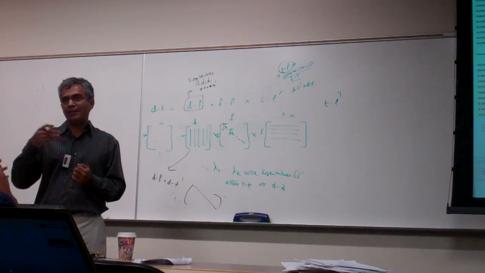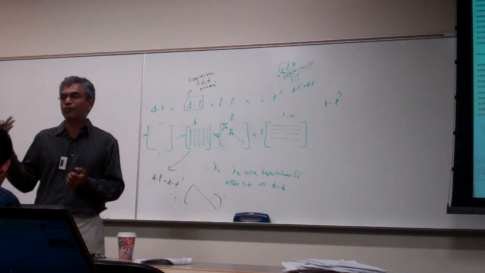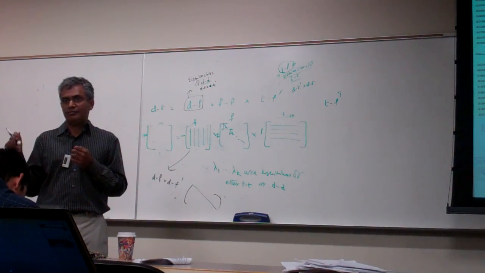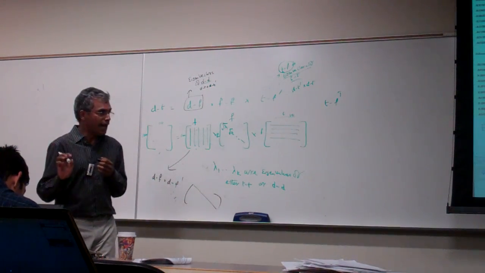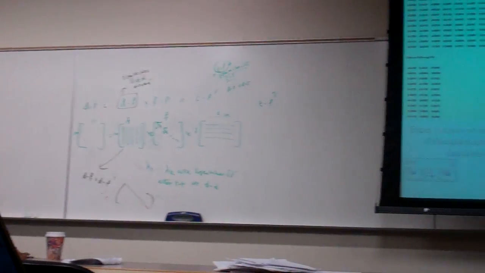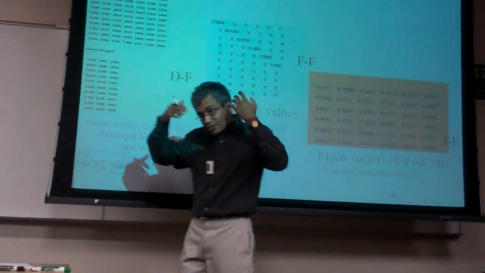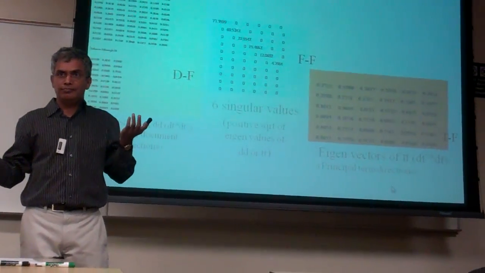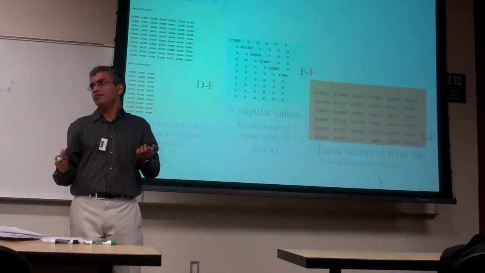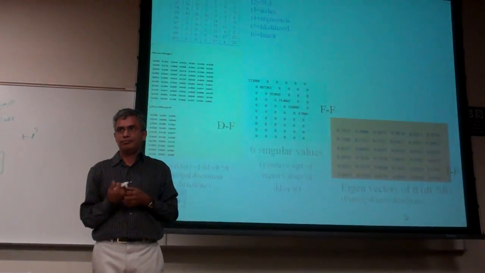Same thing for TF times TF dash. That too is the identity matrix. And that just comes because these matrices are the eigenvectors of some matrix. Eigenvectors of any matrix are guaranteed to be orthogonal to each other.